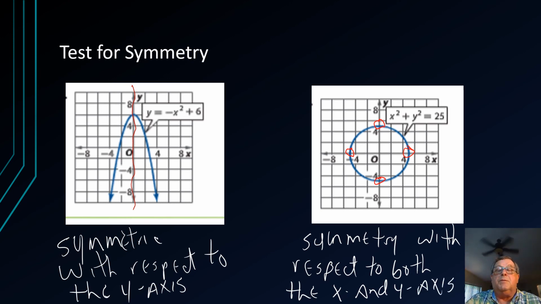All right, pretty cool. Symmetry. Think about folding it or rotating it. Actually, if it goes to the origin, it might be symmetric at the point of origin. Test for symmetry.